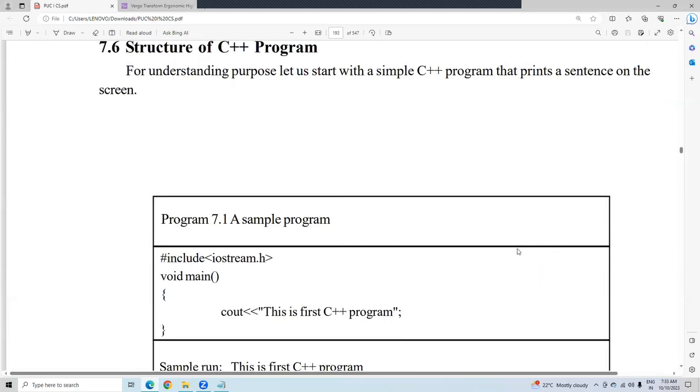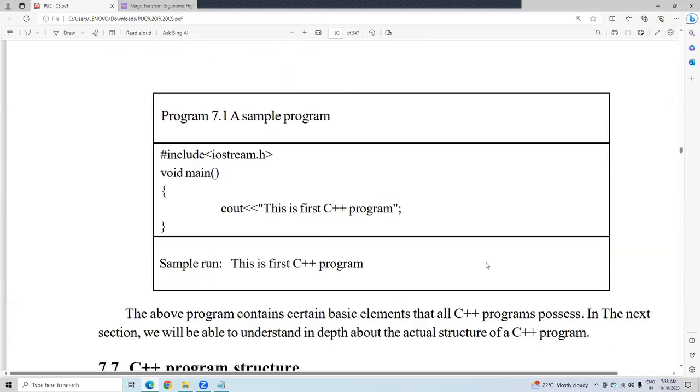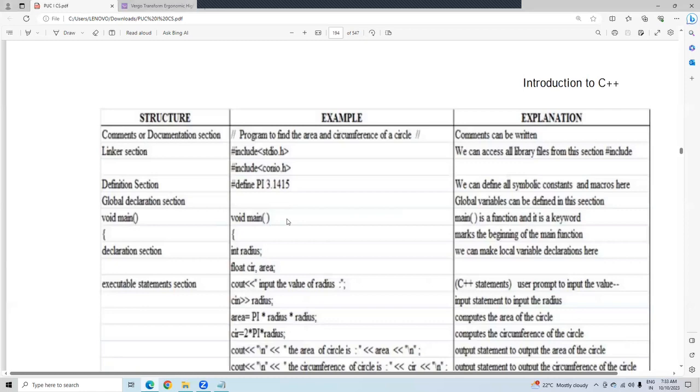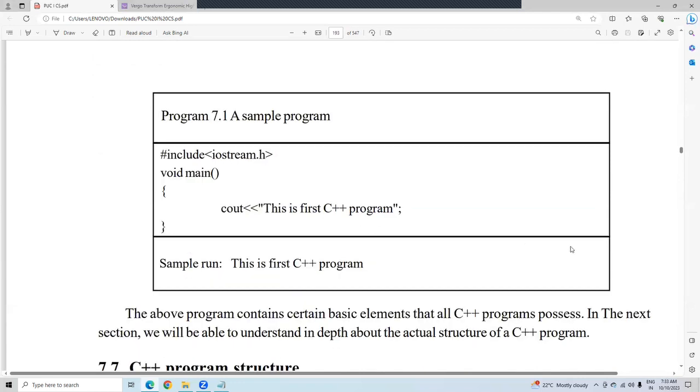Here they have given the structure of a C++ program, how a simple C++ program will be. Hash include iostream.h, void main, opening brace, some statement is given here, then the closing brace. This is the structure, right?